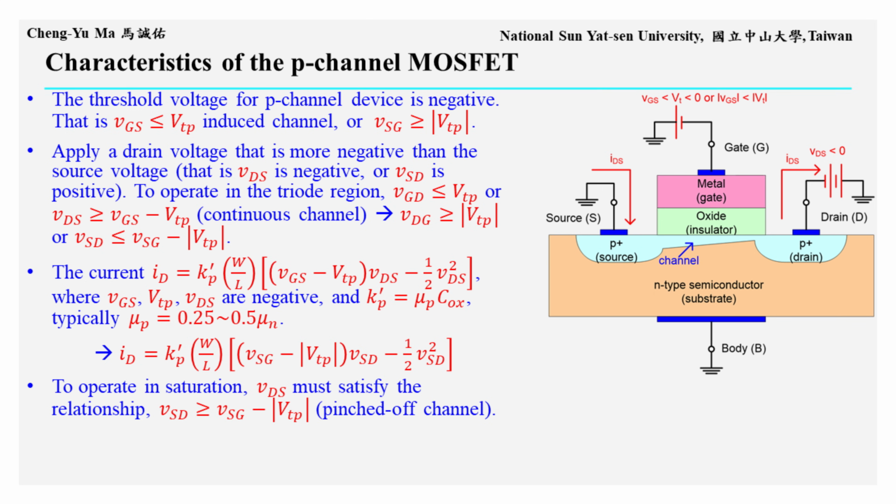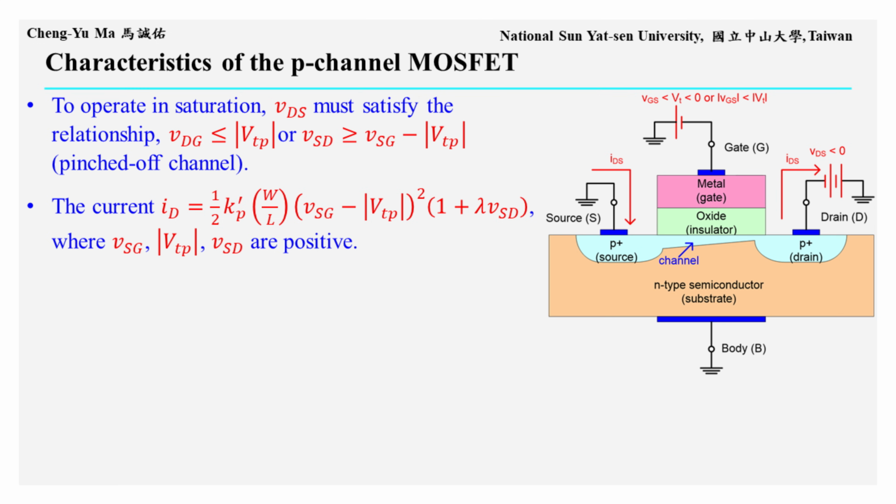ID equals Kp prime W over L times the quantity, VSG minus absolute VTP times VSD minus 1/2 VSD squared. To operate in saturation, the condition becomes VSD greater than VSG minus absolute VTP, so the whole channel is pinched off. In the saturation region of a PMOSFET, the condition can be expressed as VDG less than absolute VTP, or equivalently VSD greater than VSG minus absolute VTP.